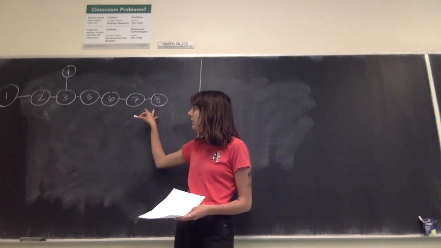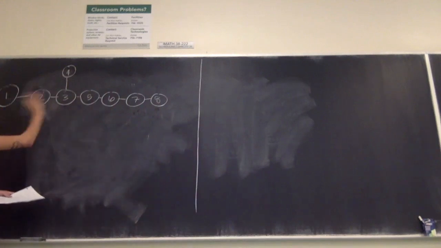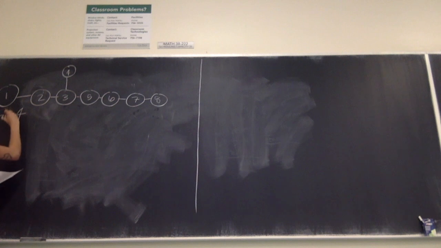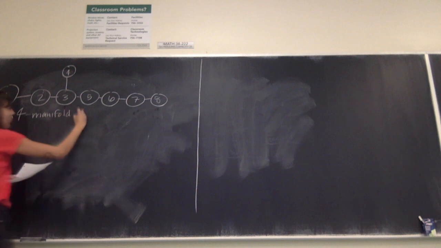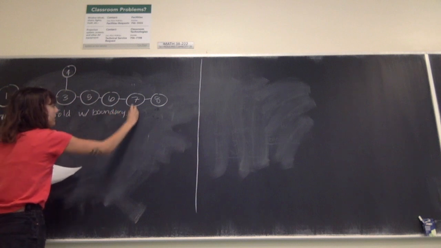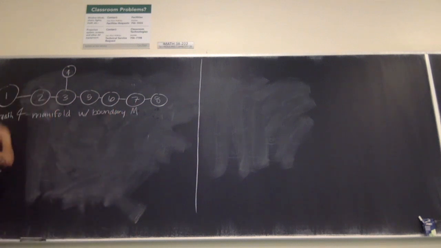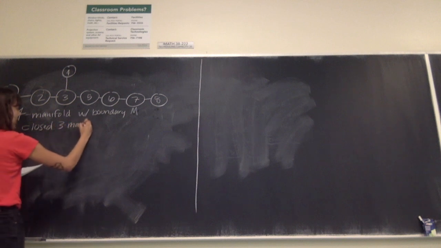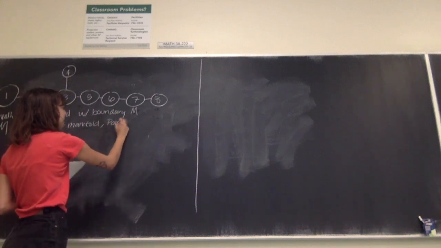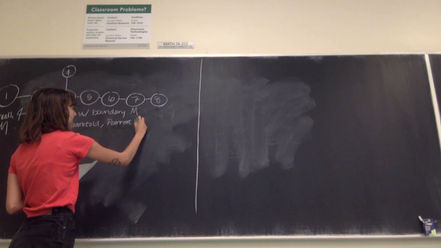So once we have all of these 2-disks plumbed together, this is going to be a smooth 4-manifold with a boundary. And we're going to call this boundary M. And luckily for us, our M is going to be a closed 3-manifold, and is also our construction of the Poincare homology sphere.